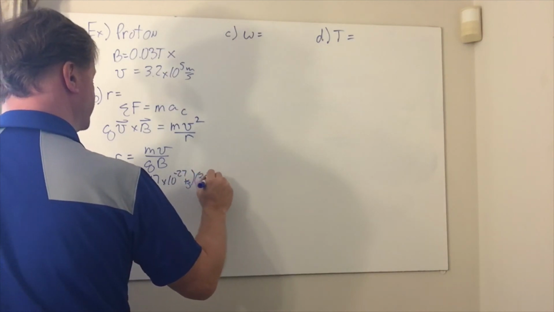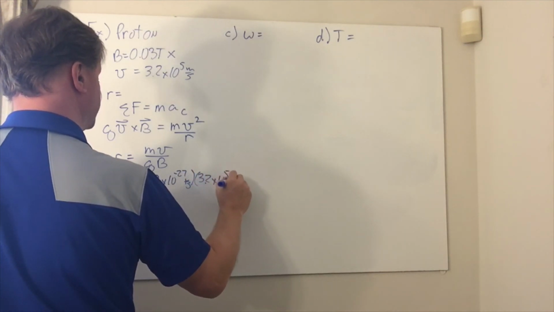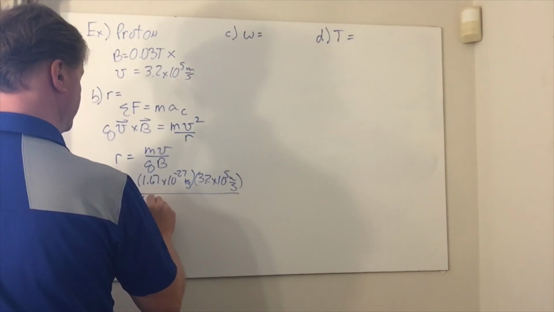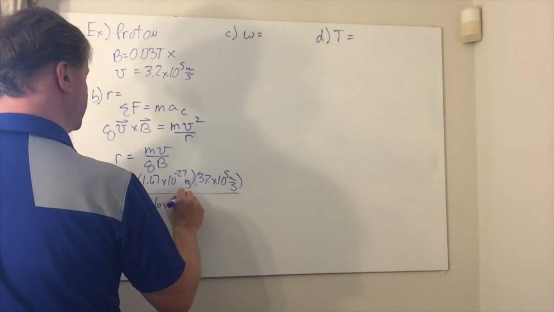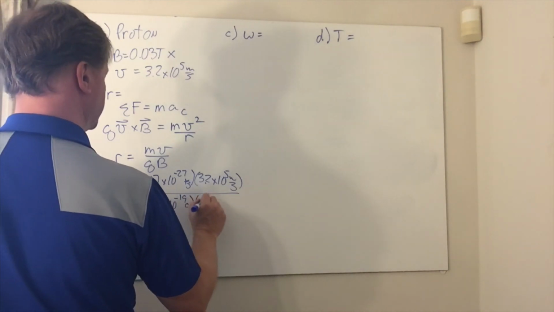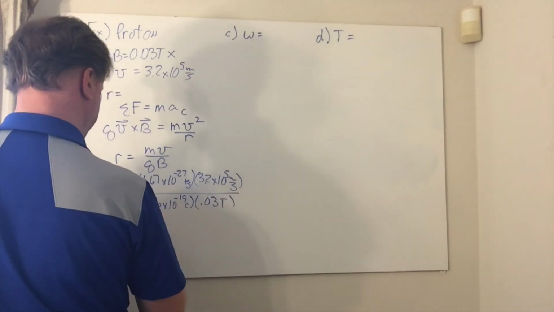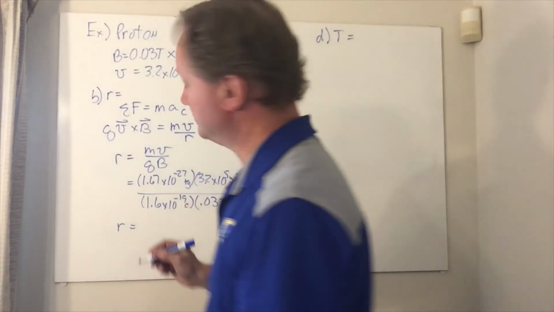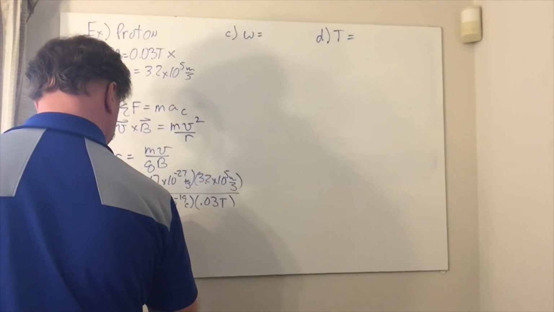The velocity was given by 3.2 times 10 to the 5th meters per second over Q, charge of a proton 1.6 times 10 to the negative 19th coulombs, and then the field 0.03 Teslas. That's going to give us a radius value of 8.98 meters.